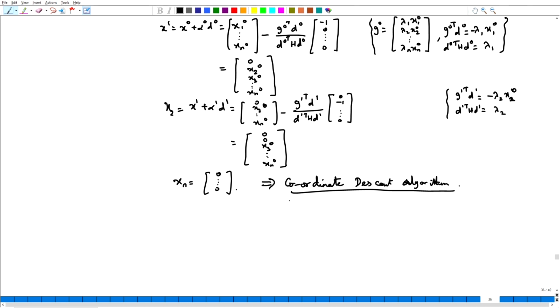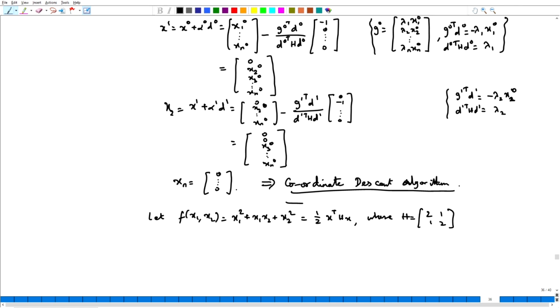So, let f of x1, x2 equal, let us say, x1 squared plus x1 x2 plus x2 squared, okay. So, in simple words, this is half x transpose Hx where H is [2 1; 1 2], okay.